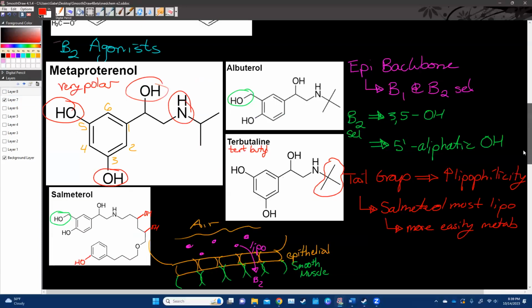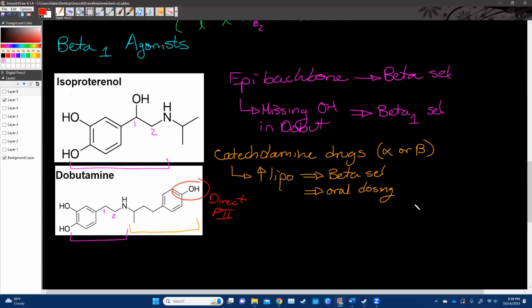Great question. Would isoproterenol be able to go through direct phase 2? Yes, it would, based on this OH here. Yep. The reason why I didn't point it out is because this is part of epinephrine, so it's not necessarily special.